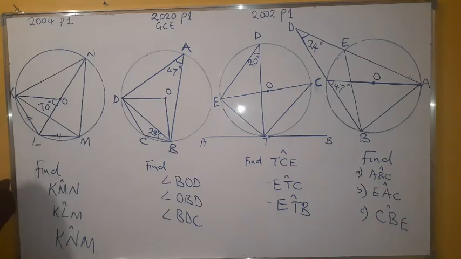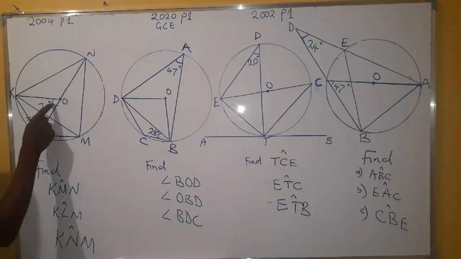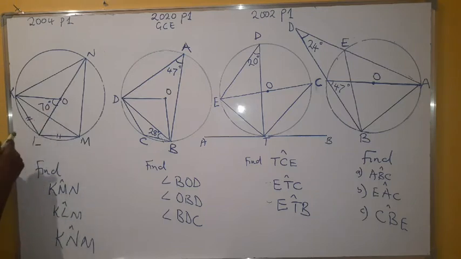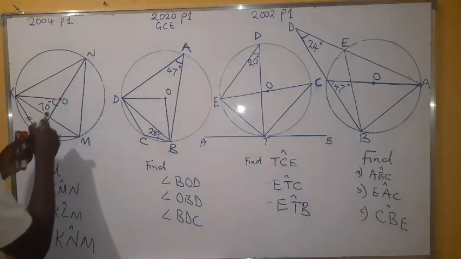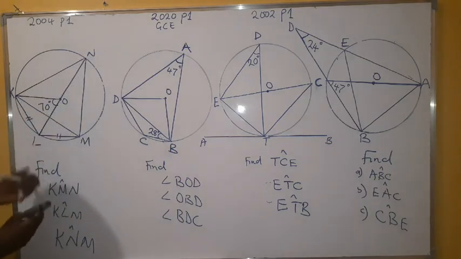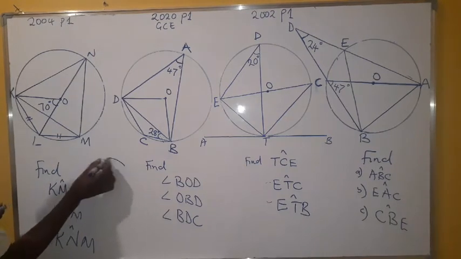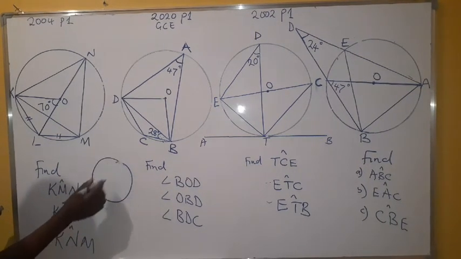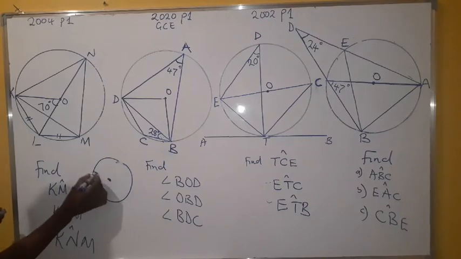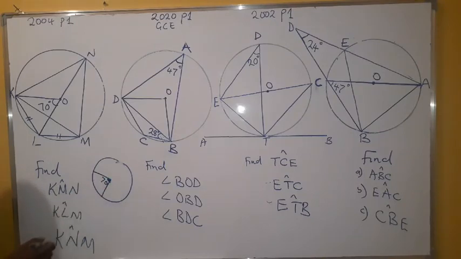So I'm going to say that this is the angle at the center here. You remember the first theorem that we dealt with? I'll keep writing and rubbing using the space that is available. If this is the center, okay? I'm looking at the first one, which is 70, okay?